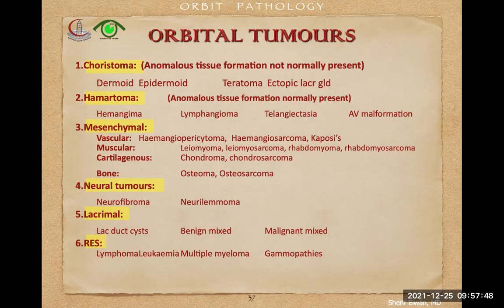And by choristoma, we mean anomalous tissue formation not normally present in this location, and hamartoma, anomalous tissue formation that are normally present. So a choristoma or a hamartoma is anomalous tissue formation.